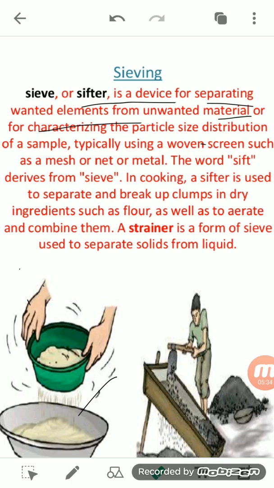So you see, the sieving process is used for many purposes, and basically the sieving process occurs if two components differ from each other in the size of the particles. Okay. So sieving is also a process of separating the components of a mixture that are of different sizes.